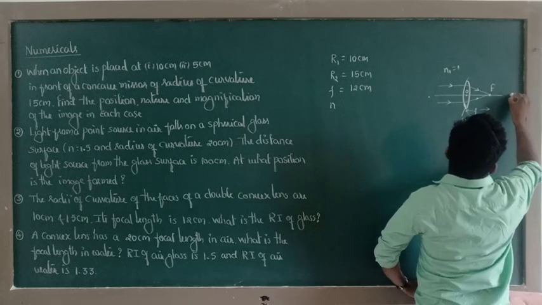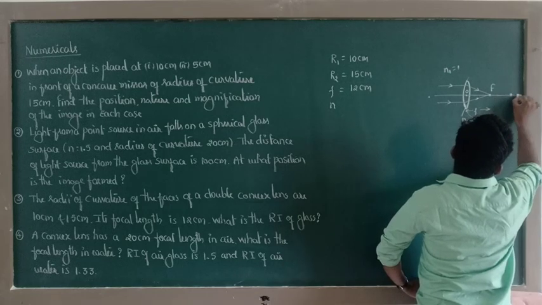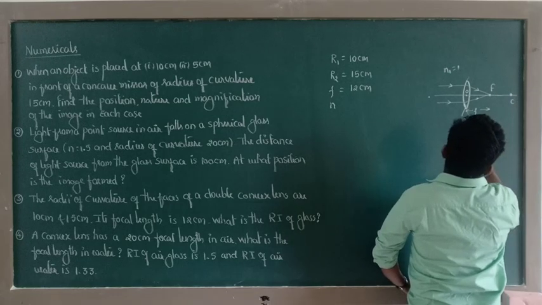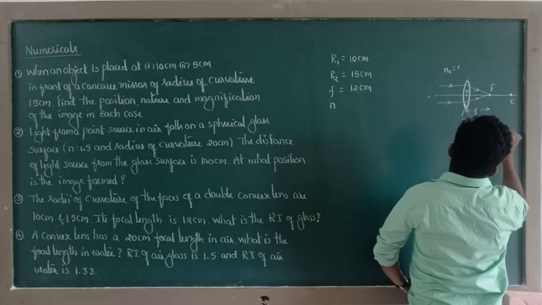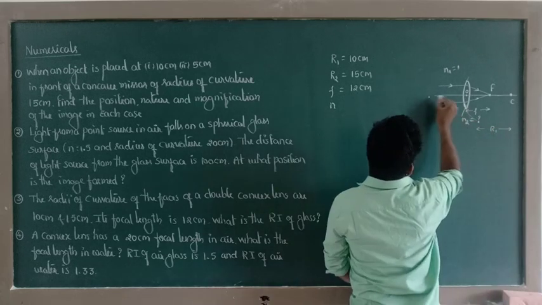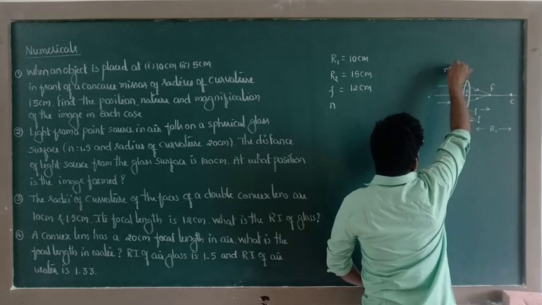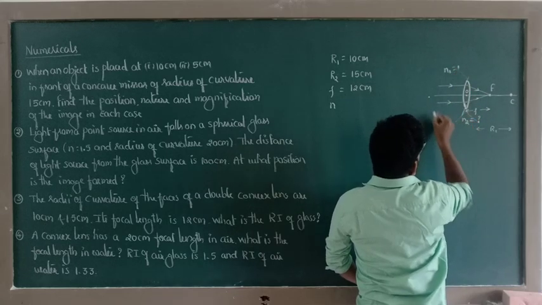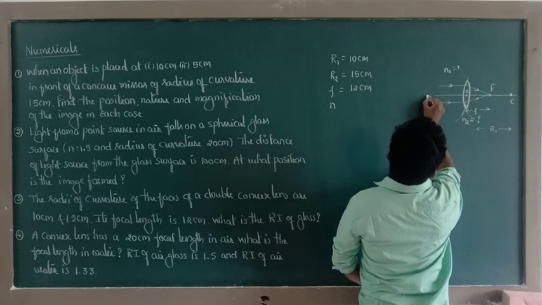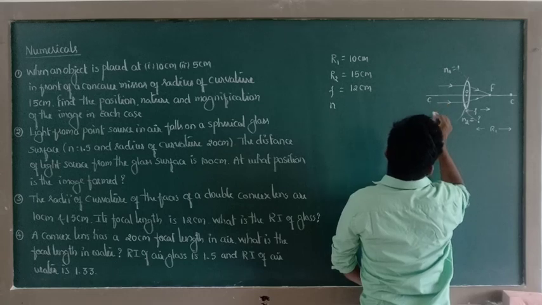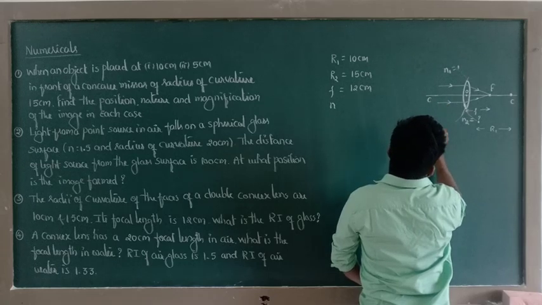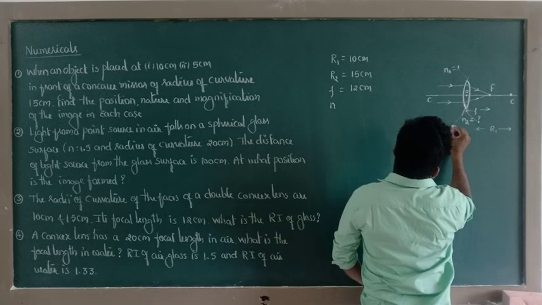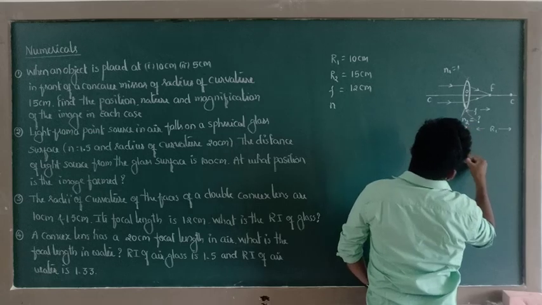This is the center of curvature, and this distance is R1. This is the second center of curvature, and this distance is R2.